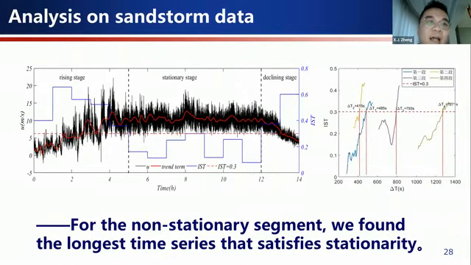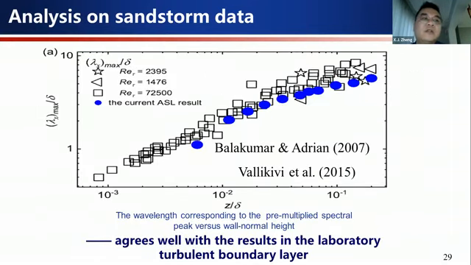Further, we apply the adaptive segmented stationary method to the measured sandstorm data. For the non-stationary segment, we found the longest time series that satisfies the stationary condition. For the stationary segment, the wavelengths corresponding to the pre-multiplied spectrum peak agree well with the results in the laboratory turbulent boundary layer at low and moderate Reynolds number.